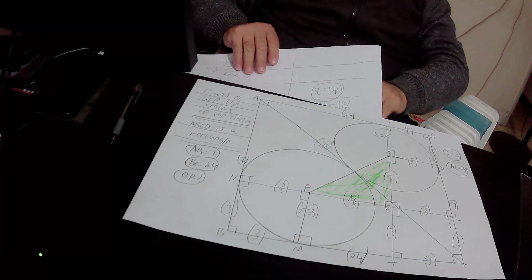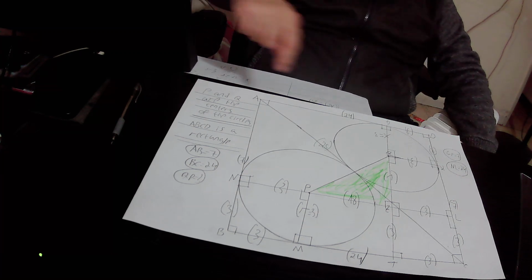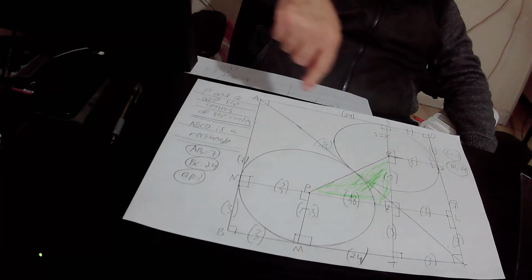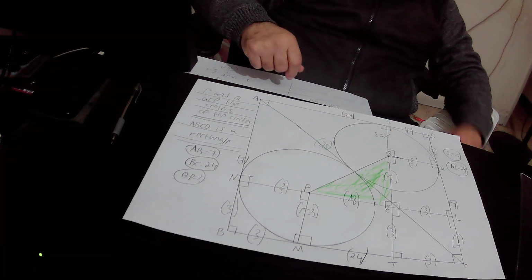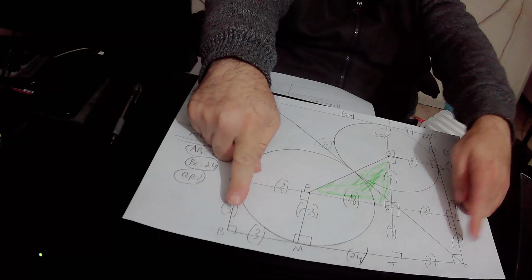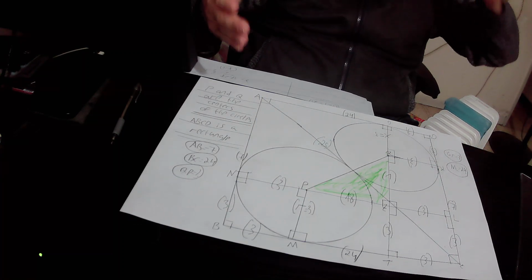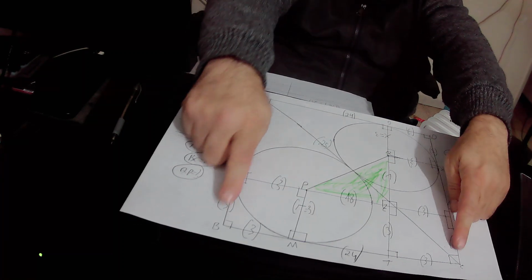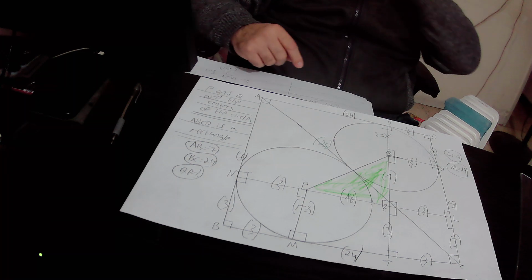So first of all, because ABCD is a rectangle, we know that all those 4 angles are right angles, because all the angles inside a rectangle are right angles.